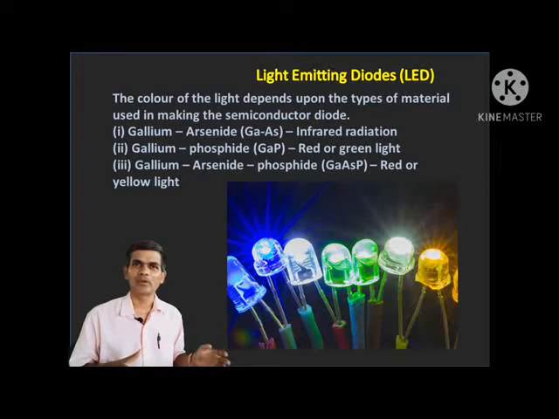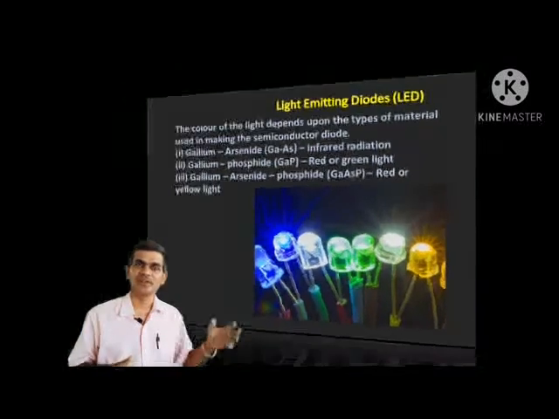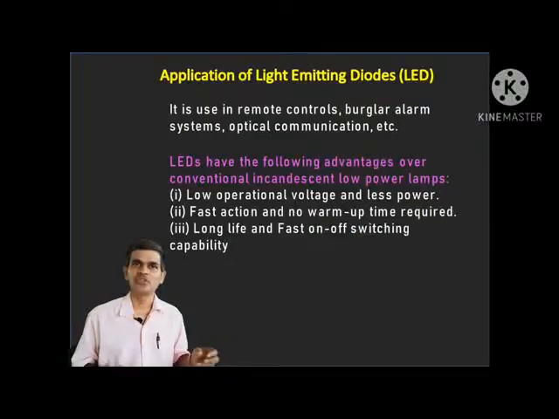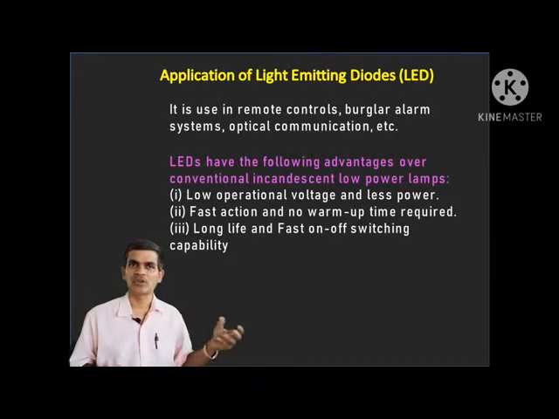It finds a number of applications in various fields. It is used in remote controls, drum systems, optical communication, traffic lights, etc. It also has some advantages compared to ordinary conventional incandescent low power lamps. What are the advantages?